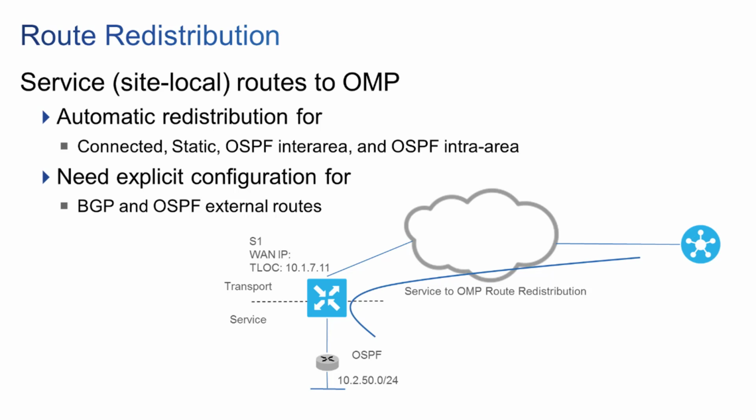Now, we can configure some of the OMP route attribute values, things like system IP, route color, encapsulation type, carrier, preference, site ID, and VPN. We can modify those attributes by provisioning a policy, what we call a control plane policy, on our vSmart controller to control reachability through the SD-WAN fabric.